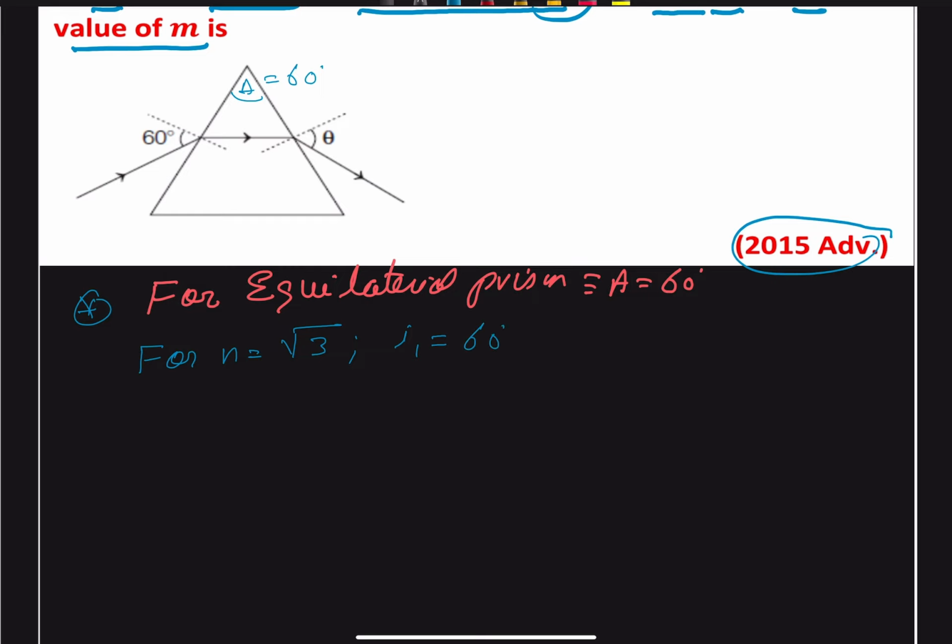Okay. And let this angle be the angle of refraction, that is R1. So let this point be P. So using Snell's law at point P.